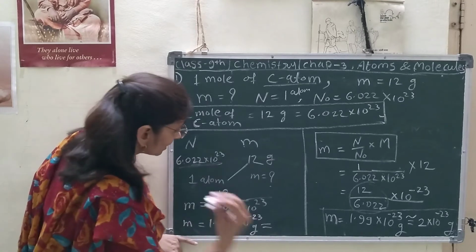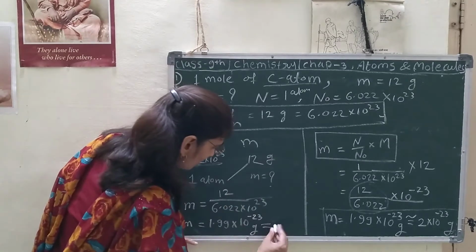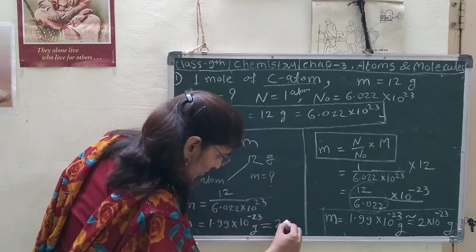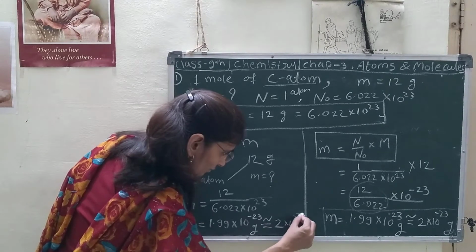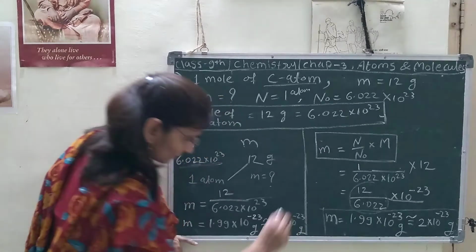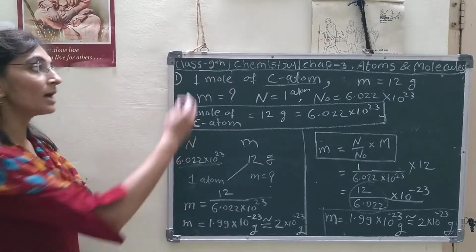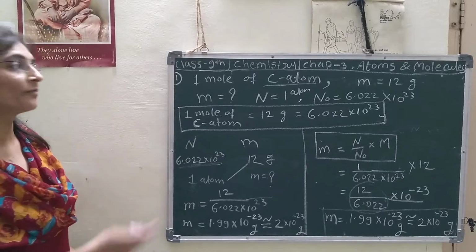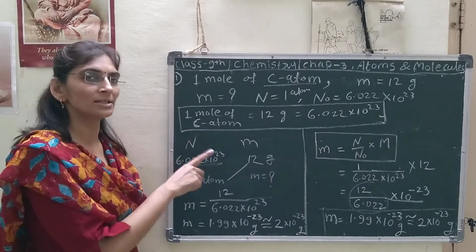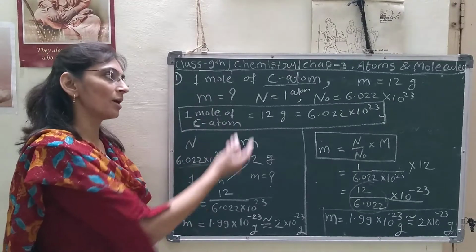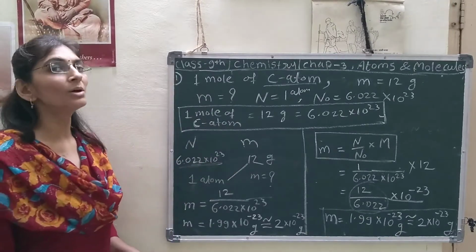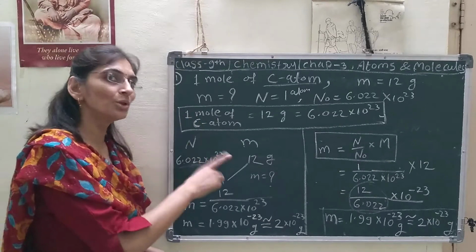So approximately equal to 2 into 10 to the power minus 23 gram. Okay, so this is our first numerical given in the NCERT book for solving. But I have given it here, you also try in your notebook.